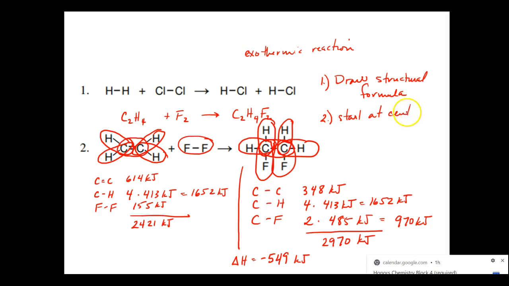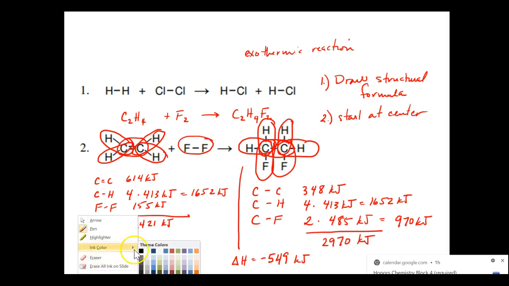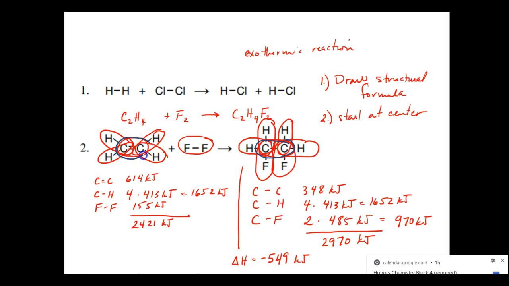It is often that if you start on the outside, you forget this bond in the center right over here. That's this carbon-carbon bond. It's just a tendency that eventually things get so messy. And then essentially remind yourself that breaking bonds requires energy, making bonds releases energy.